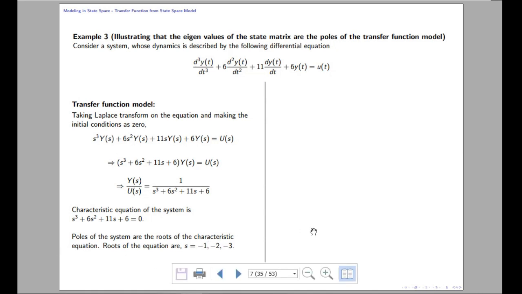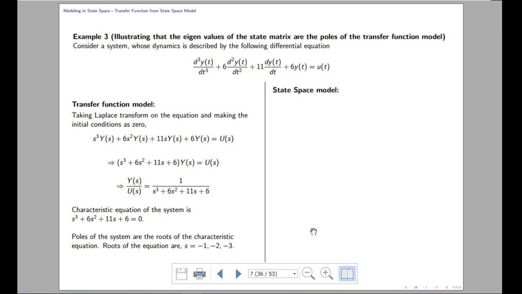Okay, now we are going to move on to the state space model. For the state space model, the first thing is to identify the state variables. So the problem here is we don't know how to take the state variables. Otherwise, if I give an electrical system, immediately you can take the inductor current and the capacitor voltages as the state variables.